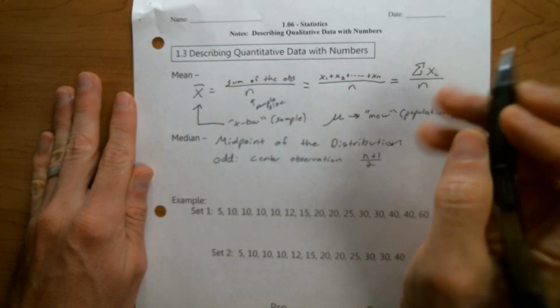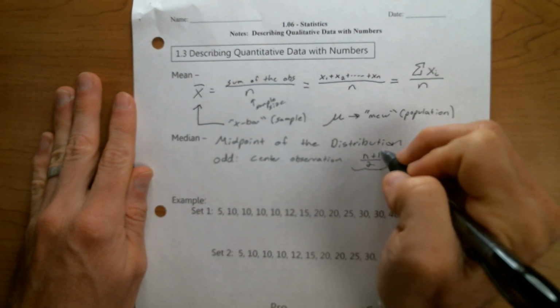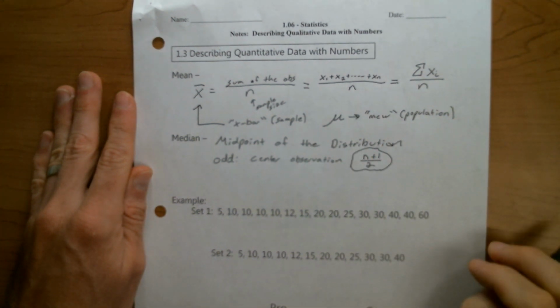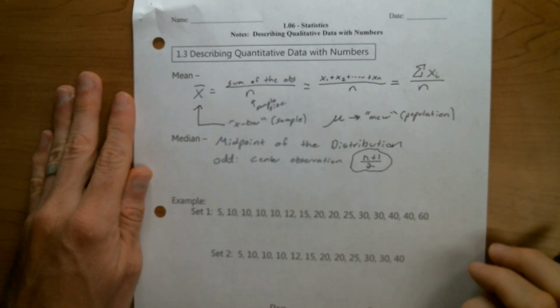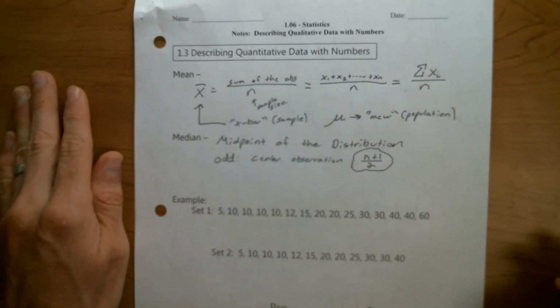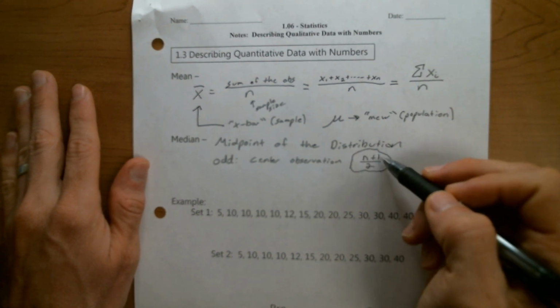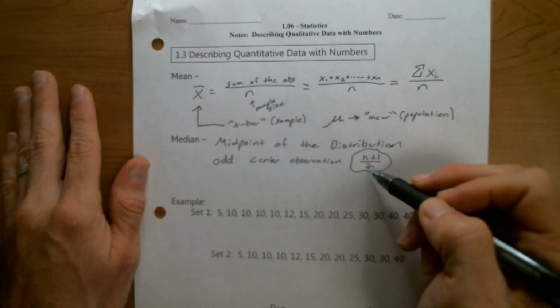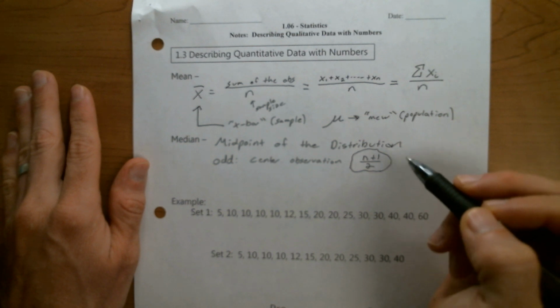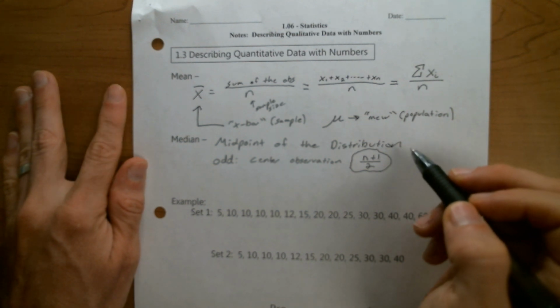So this isn't the value of the median. It just tells you which value the median is. So if you have 11 observations, 11 plus 1 would be 12, divided by 2 is 6. So you know that the sixth observation is your median.